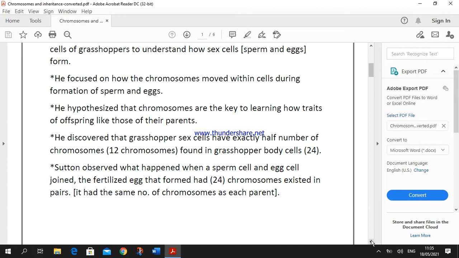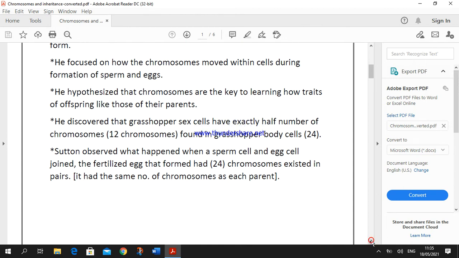Why? After the formation of sex cells, these cells contain 12 chromosomes, exactly half the number of chromosomes found in body cells. Sutton observed what happened when a sperm cell and an egg cell joined.